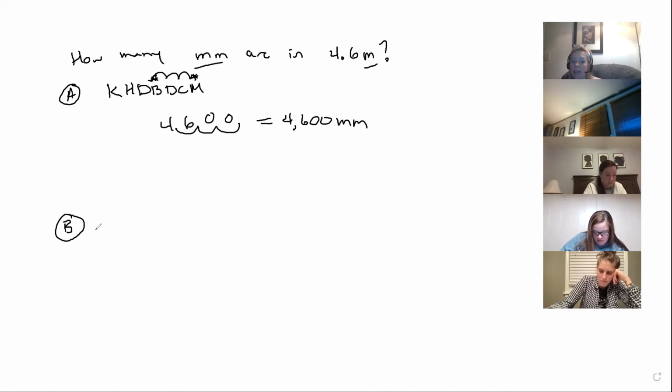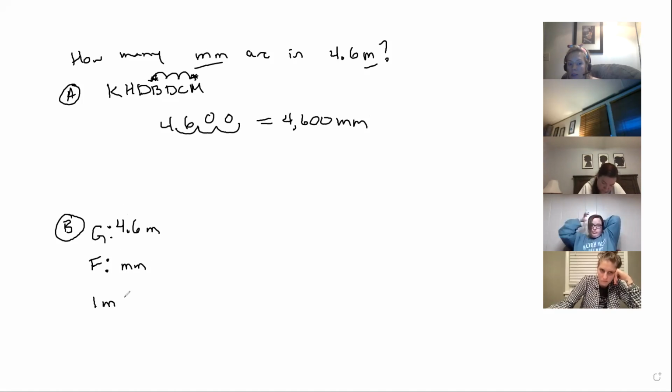The other way to do it is to run this in dimensional analysis, which is where we use a conversion factor. I'm given that I have 4.6 meters. I'm trying to find the millimeters. Okay, so I need a relationship.